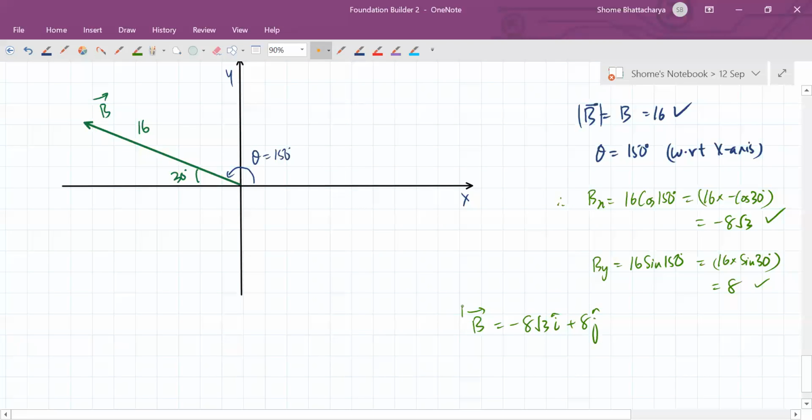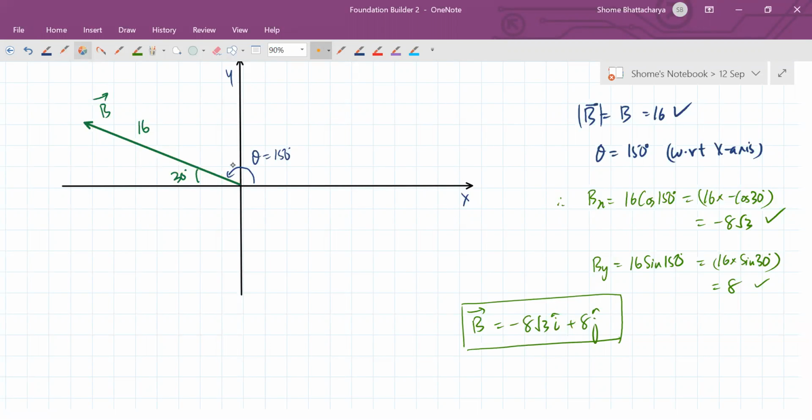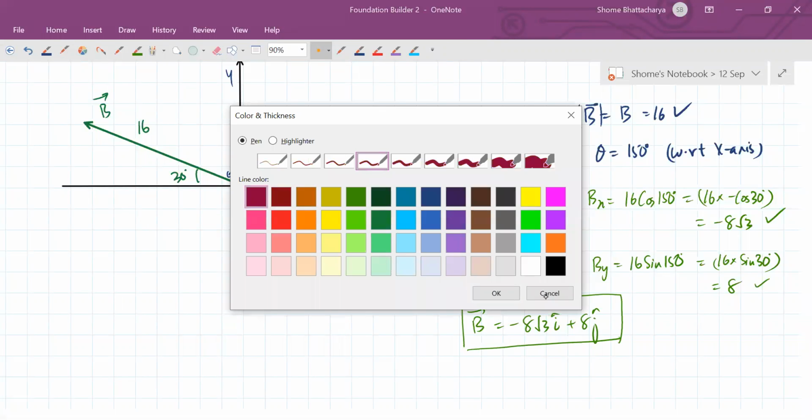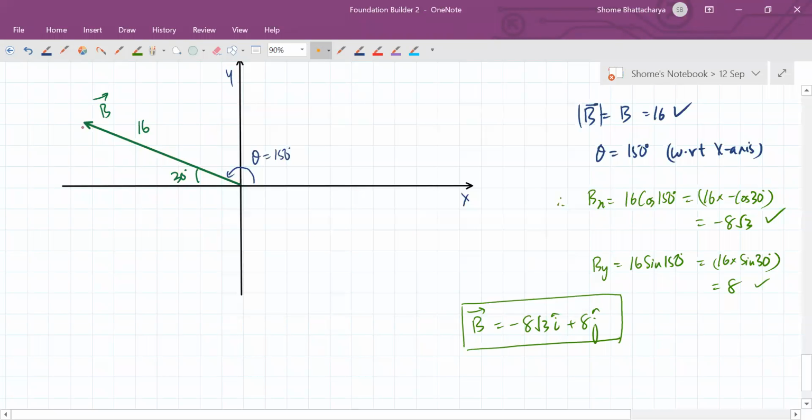Now ये minus sign का meaning क्या है? That also you can understand very easily in the diagram. If I drop a perpendicular from B onto the x-axis, you can see the x component is lying in the negative direction. That's why we are getting that minus sign.